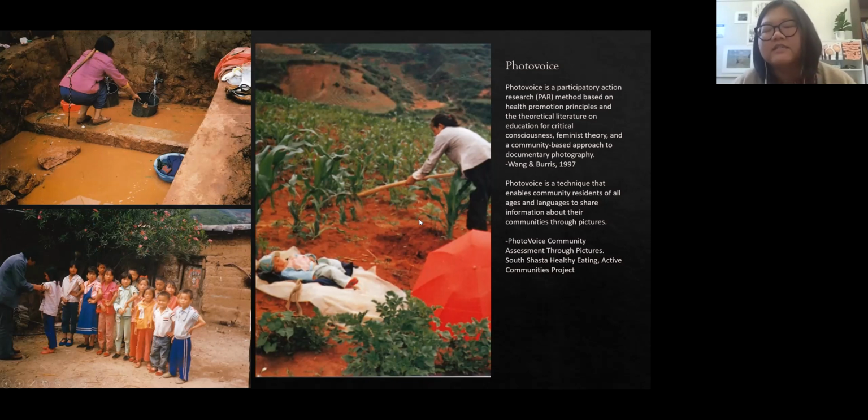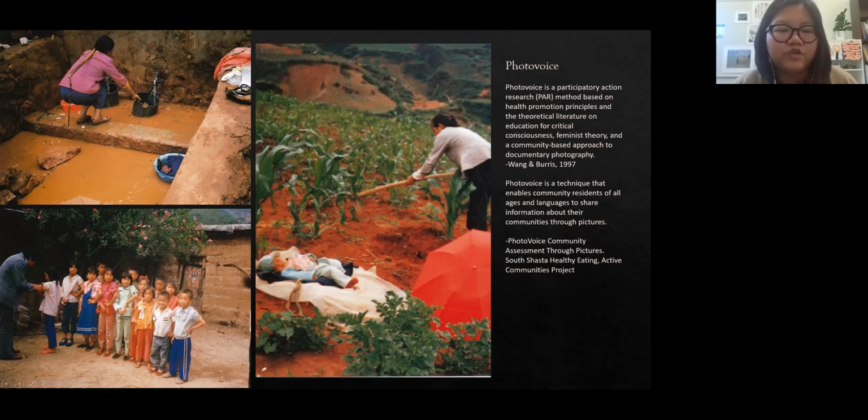Sometimes it's really hard for a scholar or researcher to understand this context without seeing what it means by polluted water. But the photo actually shows it. This is how the quality of the water looks.